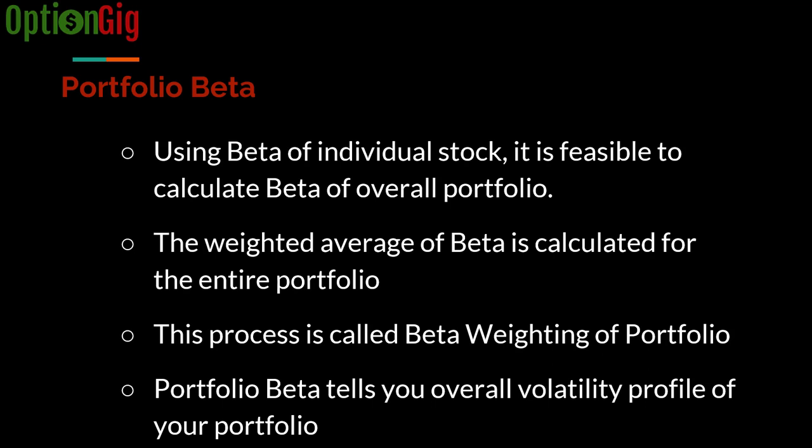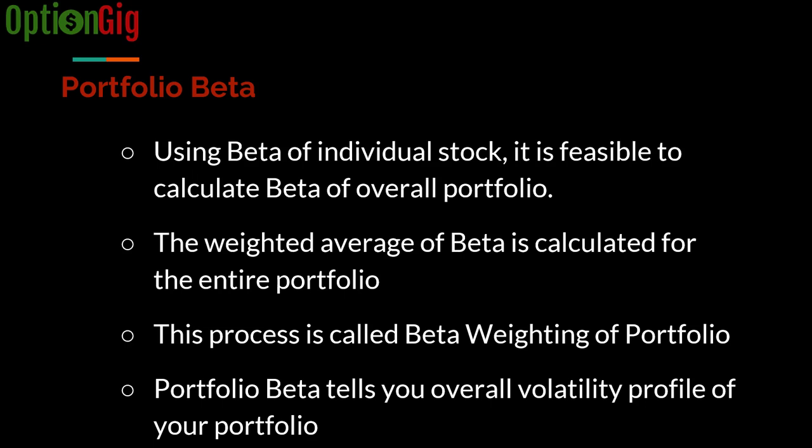Now we looked at the individual stocks and their beta. What if you have more than one stock in your portfolio? Using the beta of individual stocks, it is feasible to calculate the beta of your overall portfolio.